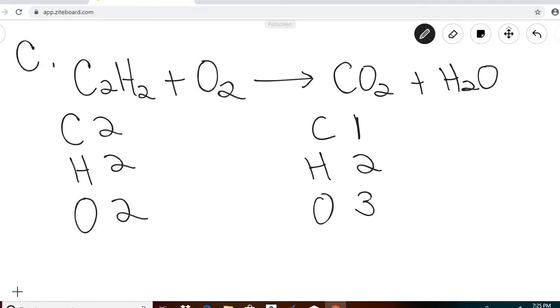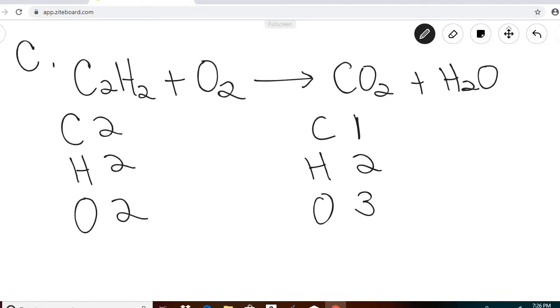Actually, the carbon's not balanced. So let's start with the carbon.